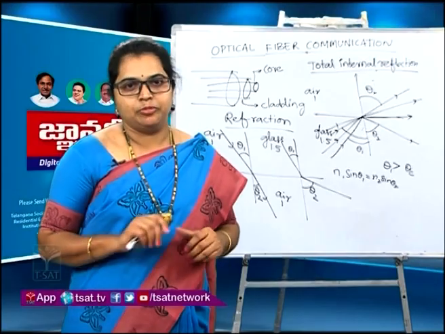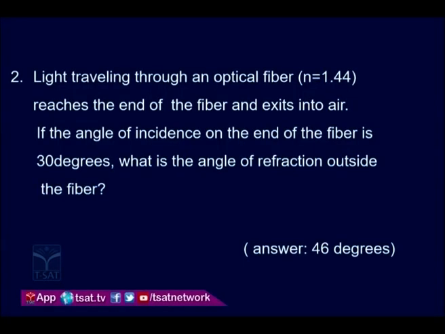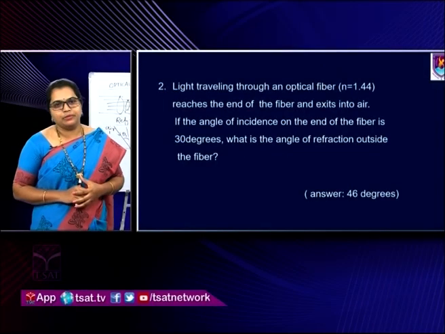And the second one, what's the second question? See, the light is traveling through an optical fiber having refractive index 1.44 and reaches the end of the fiber and exits into air. It is exactly opposite to the first question, right? And if the angle of incidence on the end of the fiber is 30 degrees, what is the angle of refraction outside the fiber?